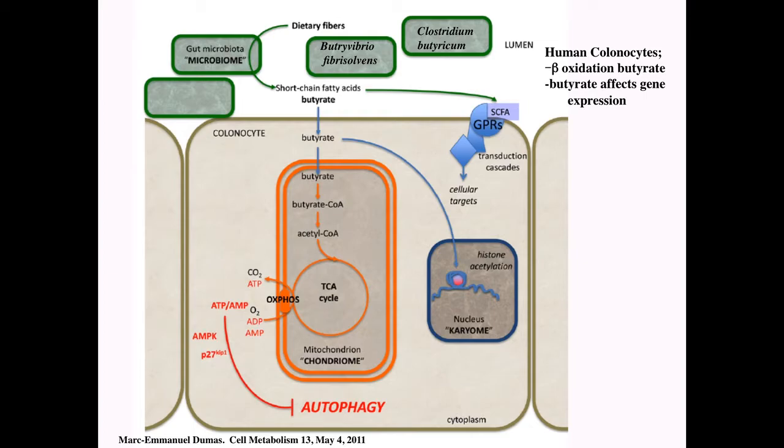Butyric acid is fed directly into the TCA cycle of this mitochondrion. And what that does is that generates all of the reducing power, the NADH, that feeds into the electron transport chain to do oxidative phosphorylation to generate ATP. So 90% of the energy being burned by these colonocytes is coming from these bacteria producing butyric acid.